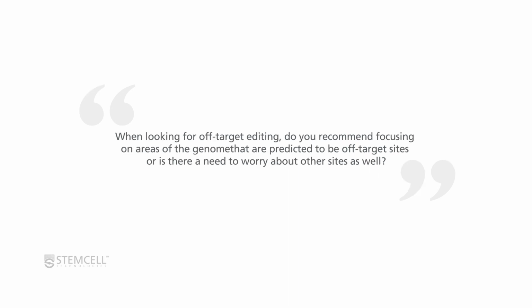So our next question, when looking for off-target editing, do you recommend focusing on the areas of the genome that are predicted to be off-target sites, or is there a need to worry about other sites that are not predicted to be off-target? Yeah, so I think there still is no consensus in the field on what is absolutely necessary, and it really depends on what you want to do with the cells downstream.